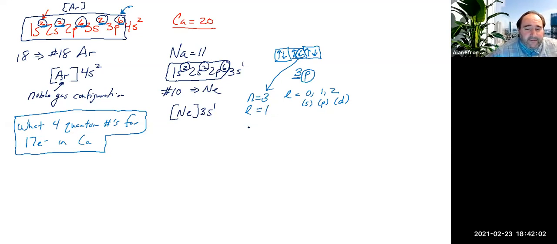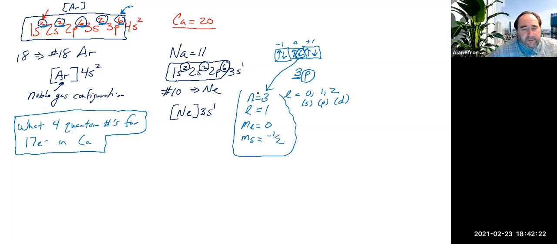Because L is equal to 1, m sub L would be -1, 0, and +1, and we can see it is 0. Also important, because of the way it goes in, it is the second electron in that orbital, which would have a spin value of -1/2. Any questions on how I figured that one out?